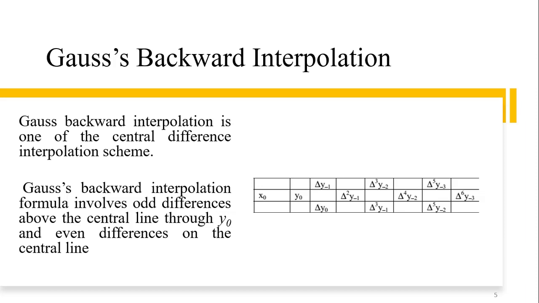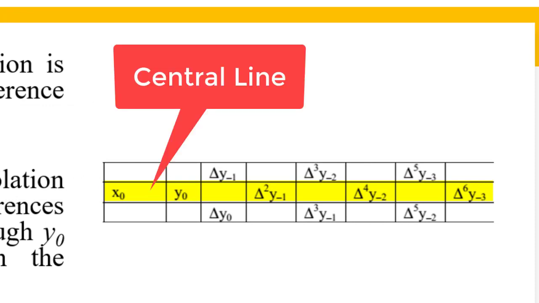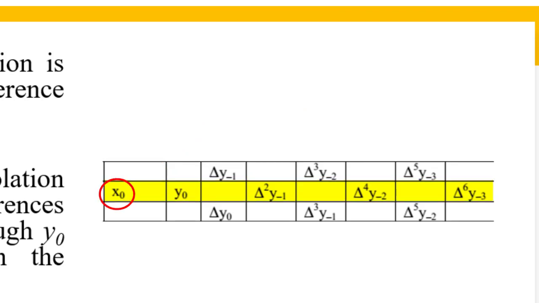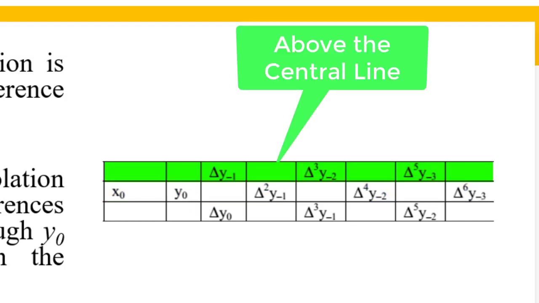In Gauss's backward interpolation actually we move backward from the central line. Actually this is the central line. Here x naught is a central point we choose, that is in the midpoint, and this is the value of the function at x naught. So this is the central line and this is above the central line.